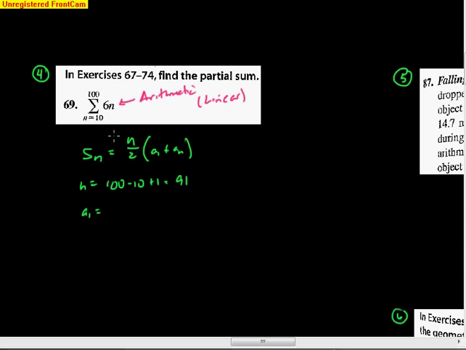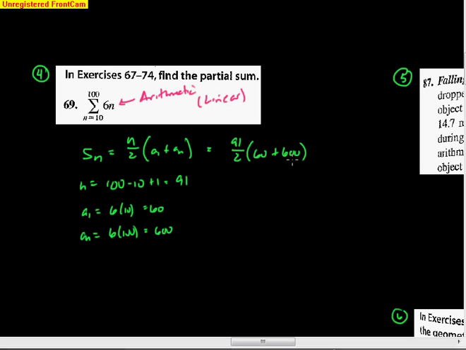A sub 1 is the first term. That is plugging 10 in for n, the bottom number. And a sub n is the last term. That's plugging 100 in for n. And that's 600. So now, we're going to have 91 over 2 times 60 plus 600.